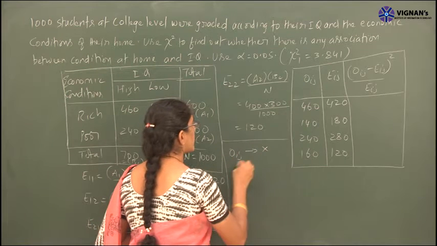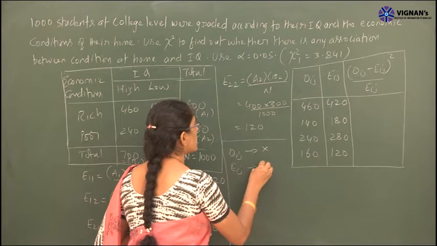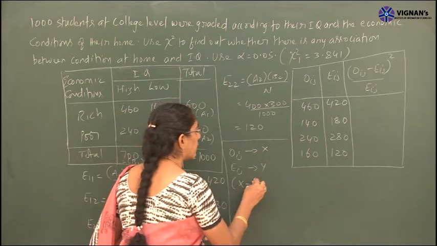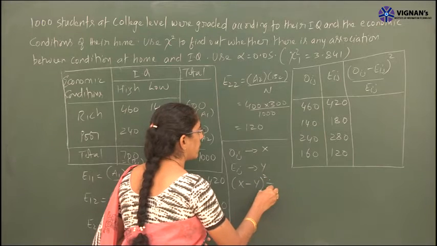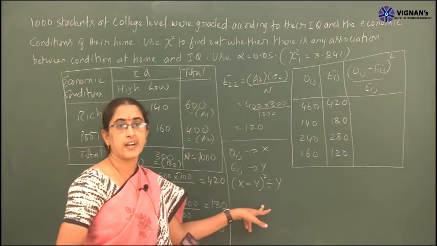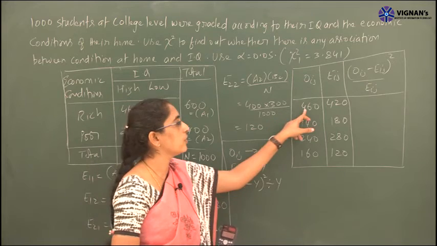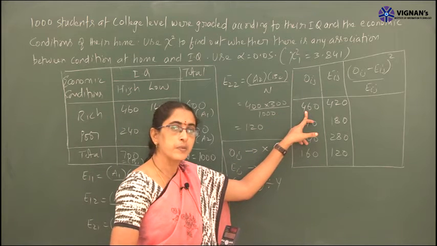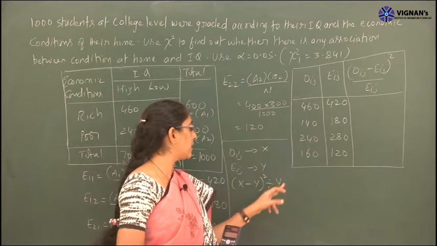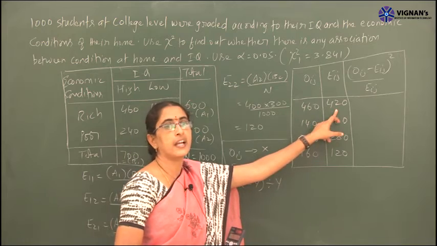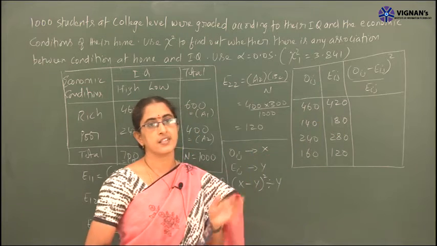Consider Oij as x and Eij as y. Then in the calc, give the equation as x minus y whole square divided by y. If you press calc, it will ask the x value, give the value 460. Again press equal to, it will ask the y value, then give the value 420. Again press equal to, you will get your answer.